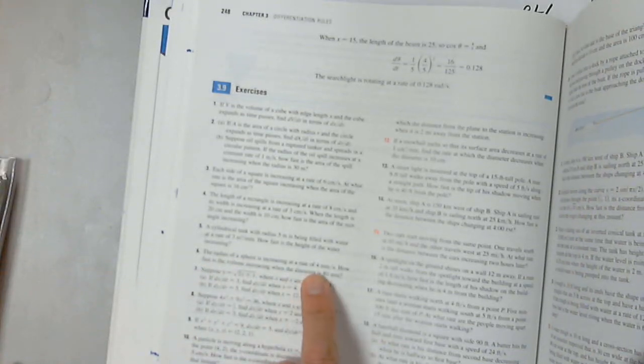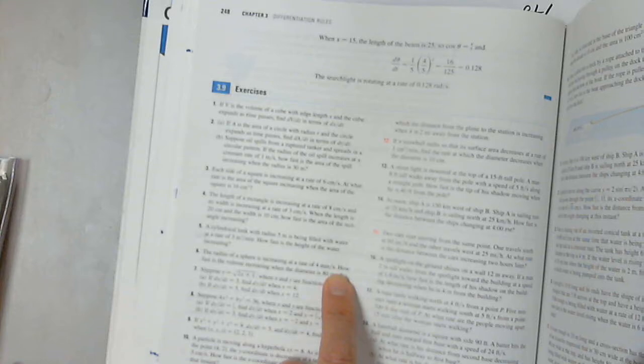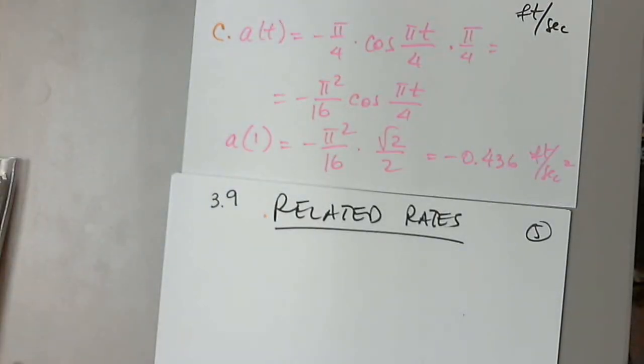How fast is the height of the water increasing? Or the radius of a sphere, since I just mentioned that, is increasing at a rate of 4 millimeters per second. How fast is the volume increasing? Or maybe we should start with number 6 first. Yes? Okay, so let's start with 6.